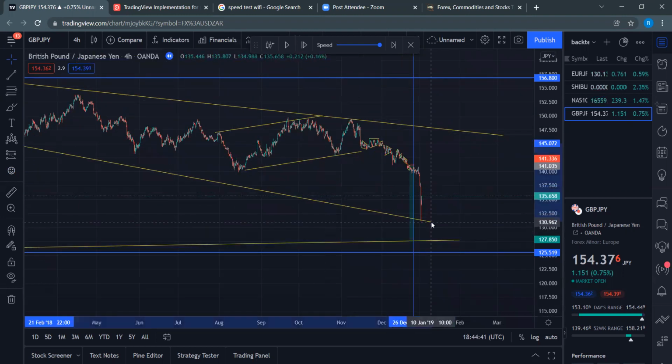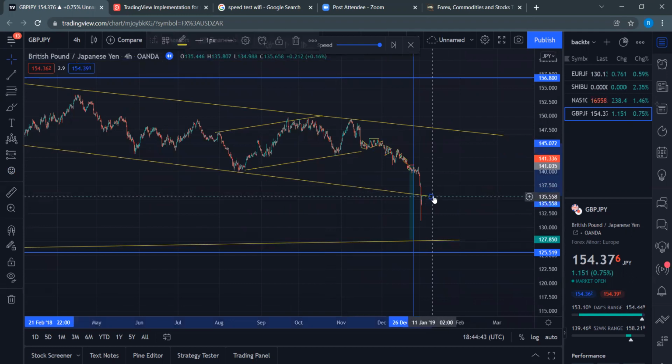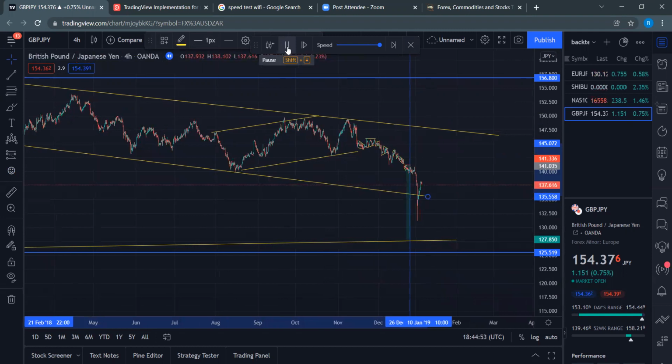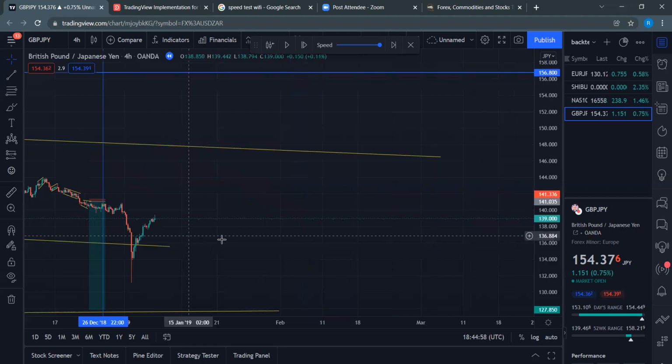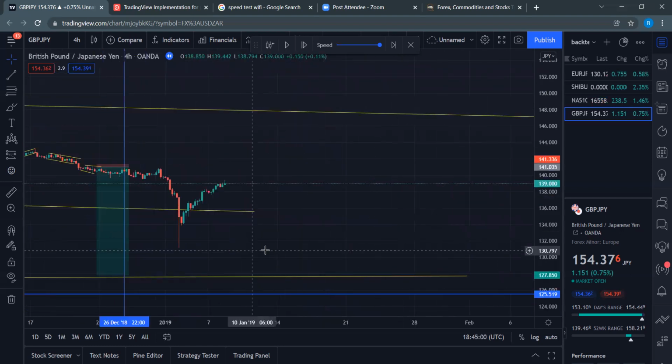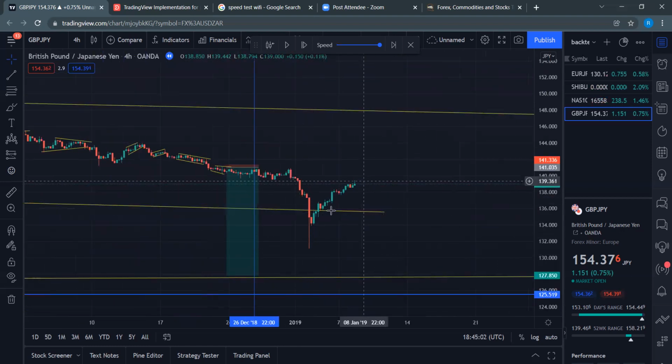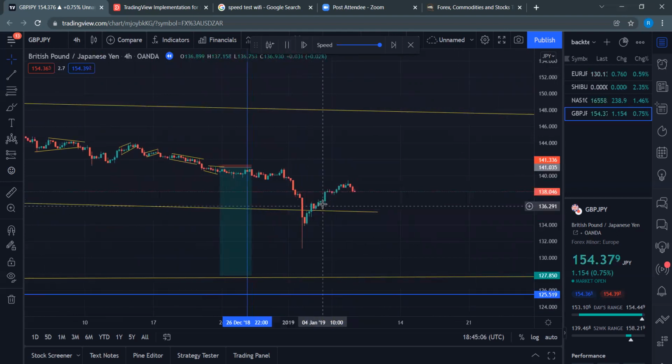So from here now, what you can do, I'm just going to adjust this. Let me just leave it as it is. So now that this pattern is complete, we have the impulse, the move started going up again.